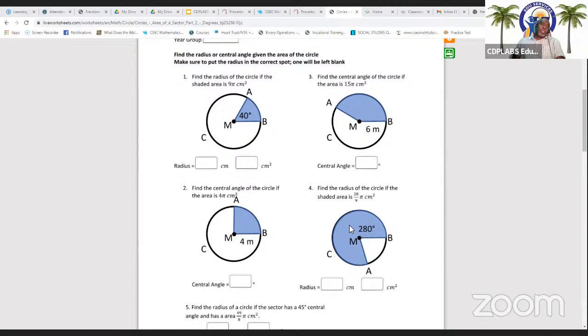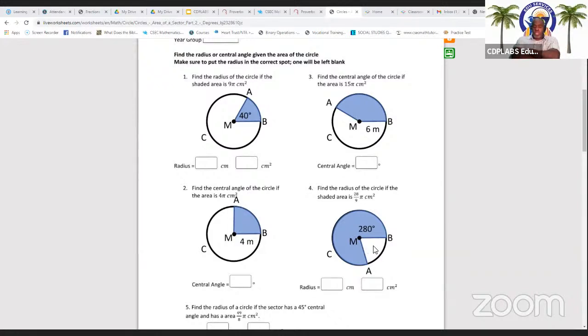Now, question: what then would be the angle right here, in the white area? If this blue or purple area is 280 degrees, what then would be the angle right here?